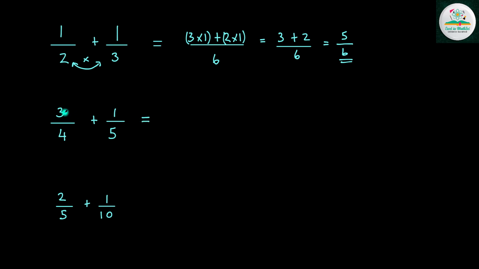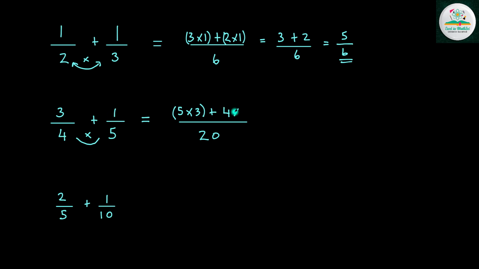Now we have 3 over 4 plus 1 over 5, and we do exactly the same thing. So we have 4 times 5. We multiply these two together, so that will give me 20. Then I multiply 5 by the 3, so 5 times the 3, plus 4 times the 1.